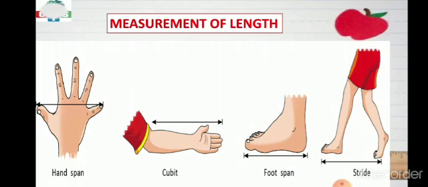Okay. Students, in olden days, people used to measure with their hand span, cubit, foot span, stride. These were some measurements which they used to measure. But these are not the standard way to measure the length. So how do we measure length? So let's see it.